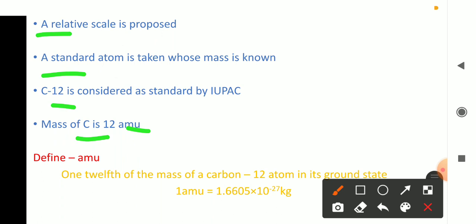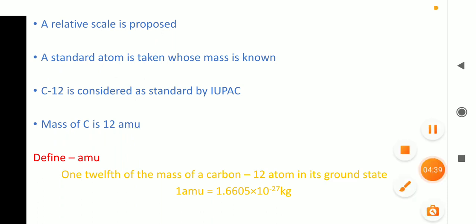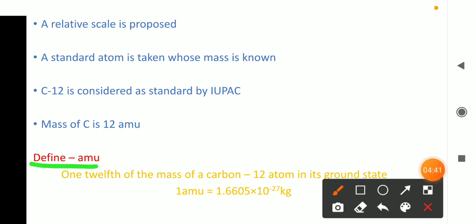Now we are going to define what is called AMU. The definition is given here. AMU is defined as 1/12 of the mass of the carbon 12 atom in its ground state. Can you understand? We know the mass of carbon 12. So out of the total mass, it is one part of the 12 of the carbon 12 isotope.